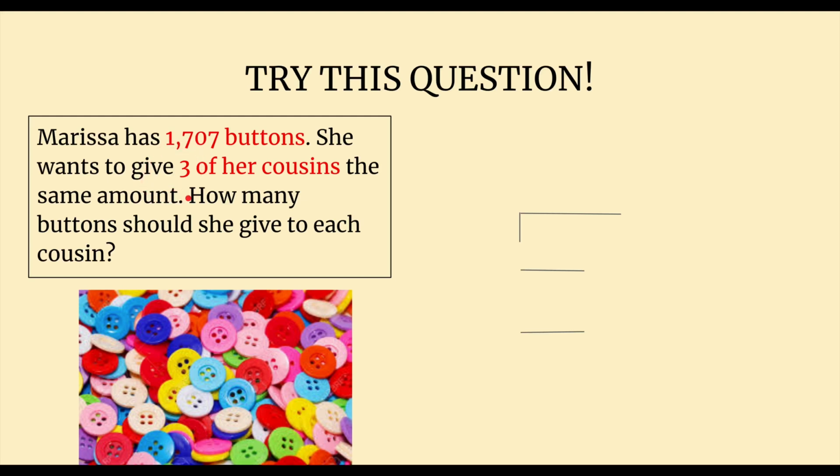And 3 is the divisor because it's how many parts the dividend is going to be split into. So what is the equation? 1,707 divided by 3, right? This is the dividend, divisor, and this is the quotient. So let's set this up.